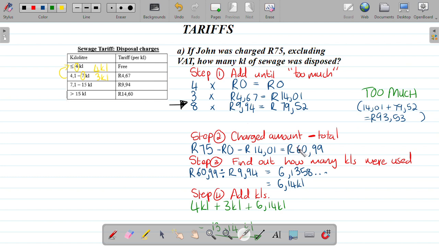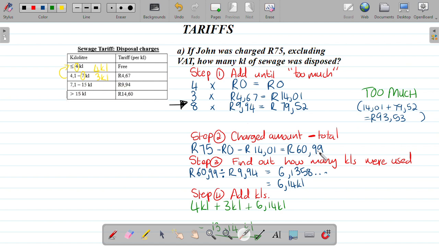So let's just recap step 2. You take the amount charged, the 75 Rand, minus the amount that's been charged for, the 0 Rand and the 14,01, and that gives you this amount, which was the price charged for the amount of units, which we don't know yet, in this tier.